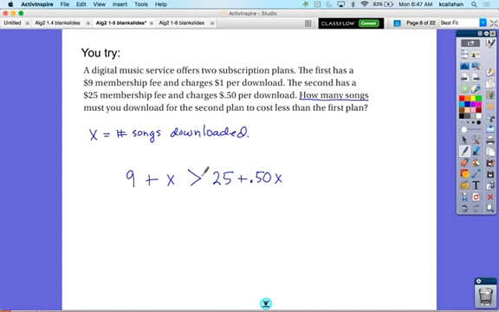All right, well, that's a fairly easy inequality to solve. There's no combining of like terms to do on either side of the inequality. So we should try to move the smaller variable term first. And the smaller of the 2, 1x and 0.5x, is 0.5x. So let's subtract that.